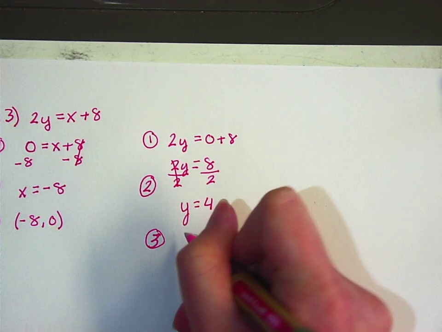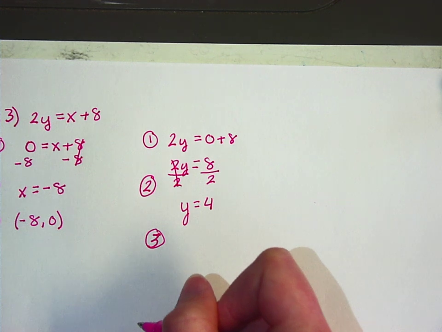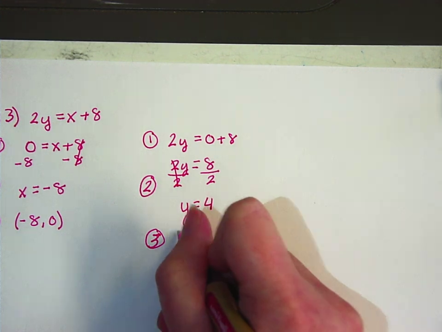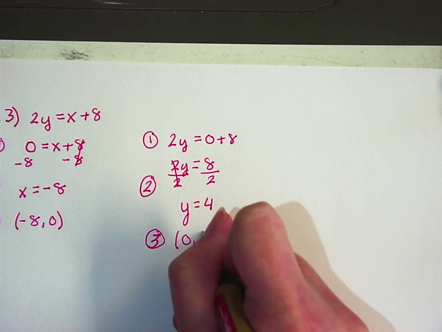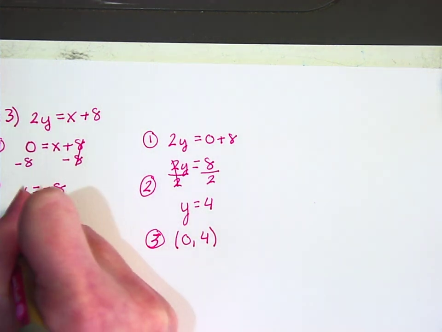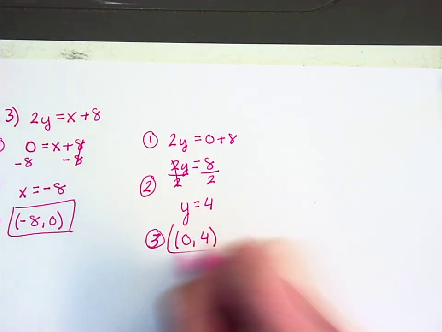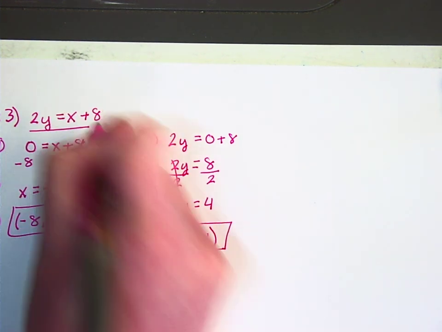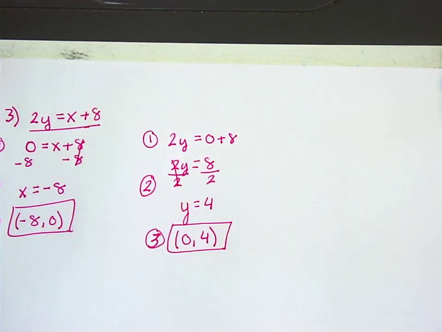So for step 3, what would this look like as a point? 0, 4, perfect. Now we have found the x-intercept and the y-intercept for this equation. Not overly difficult, right? Doable.